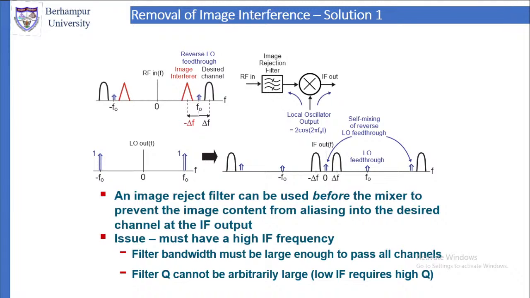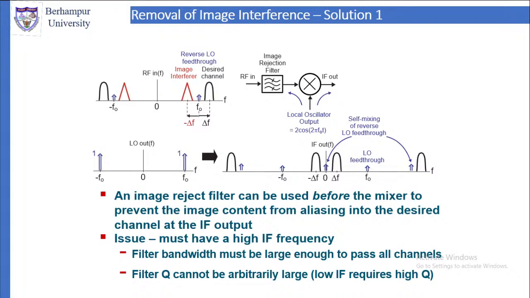An image rejection filter can be used before the mixer. If we use an image rejection filter before the mixer, this will prevent the image content from aliasing into the desired channel at the IF output.